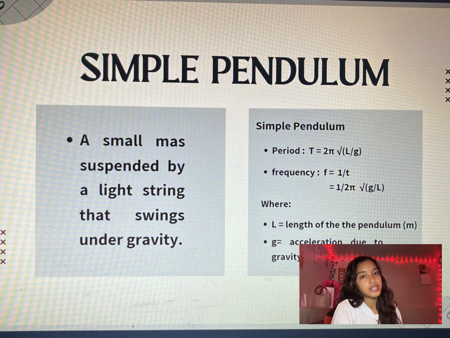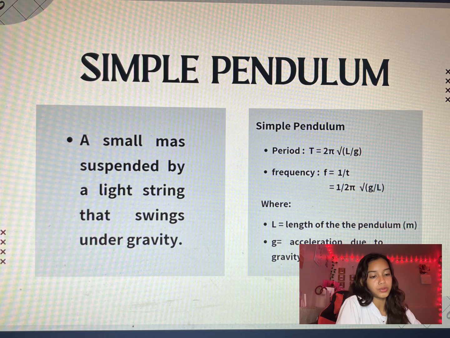The period formula is T equals 2 pi square root of length over gravity, while the frequency is f equals 1 over T, or 1 over 2 pi square root of g over L, where L is the length of the pendulum and g is the acceleration due to gravity, 9.8 meters per second squared.